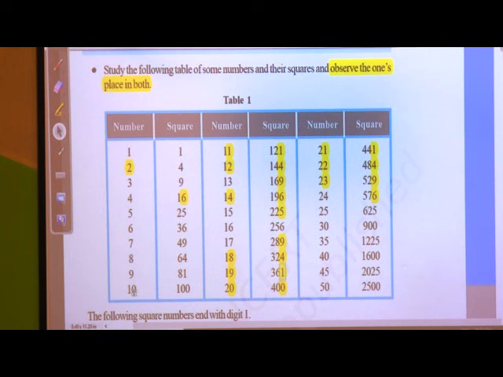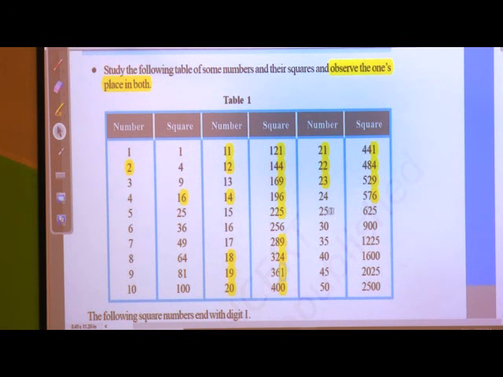If 0 is there in ones place, in the square you will get 0. 10 square 100, 20 square 400, 50 square 2500, 40 square 1600, 30 square 900, 25 square 625, 35 square 1225.